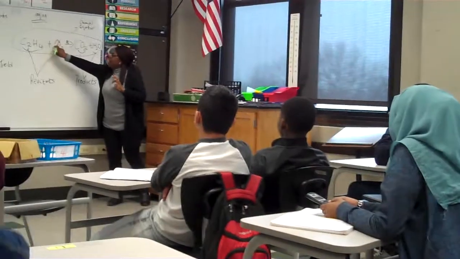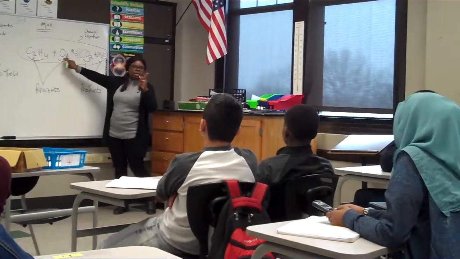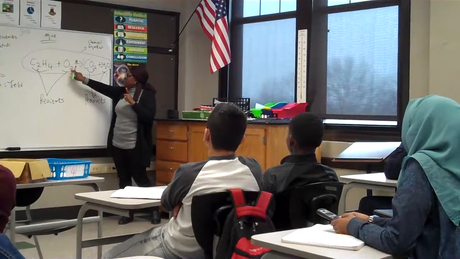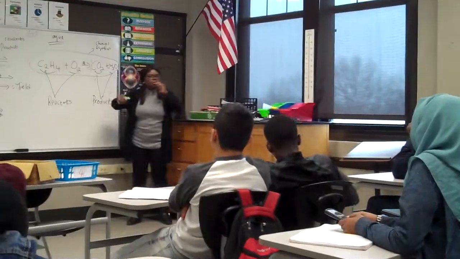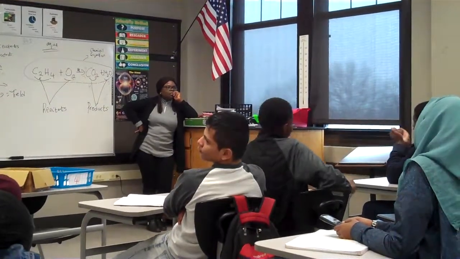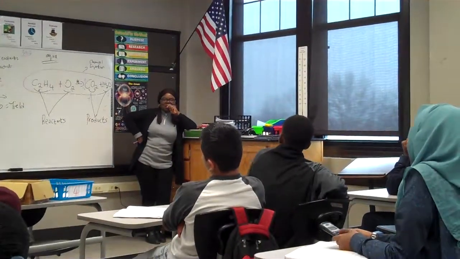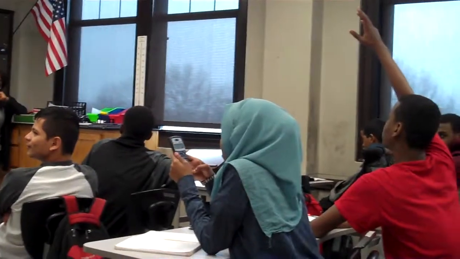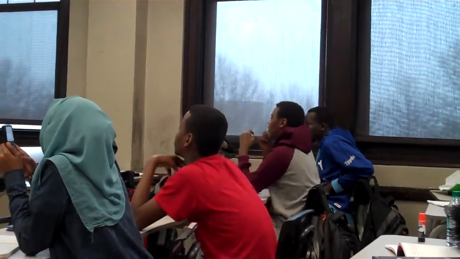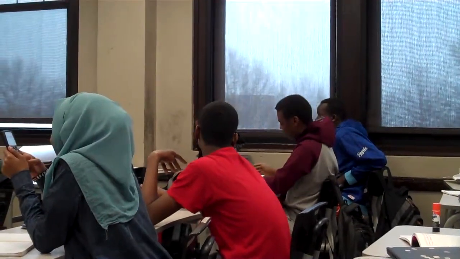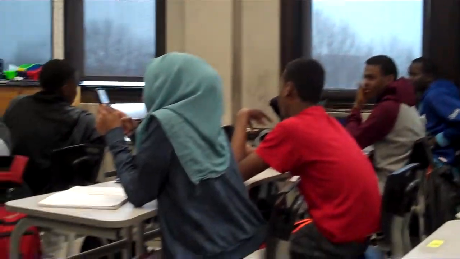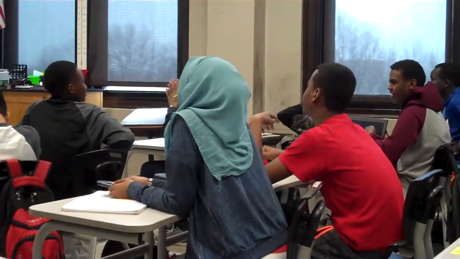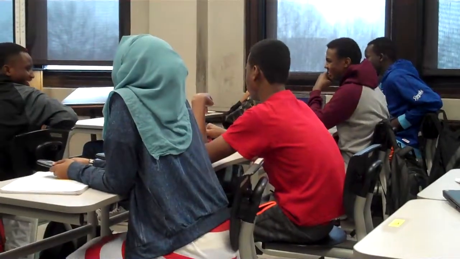So what number should I write here in order to make oxygen 6, bearing in mind that the subscript is 2? 3. Okay? So 3 times 2 will give us what? 6.